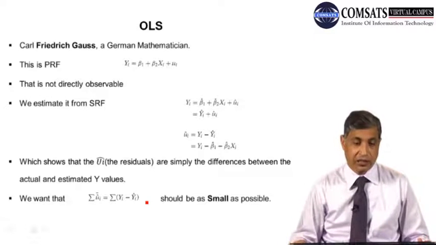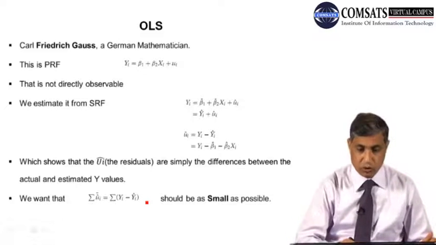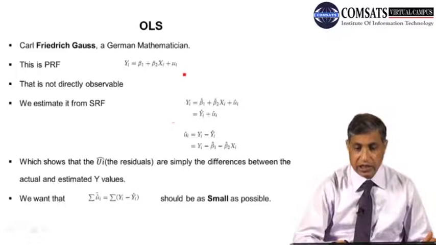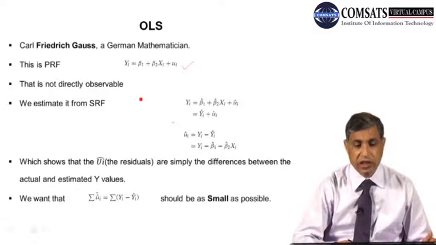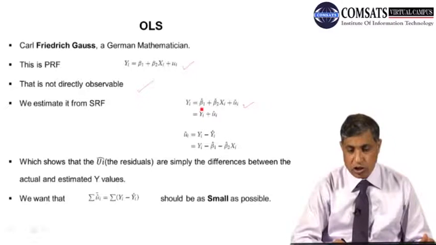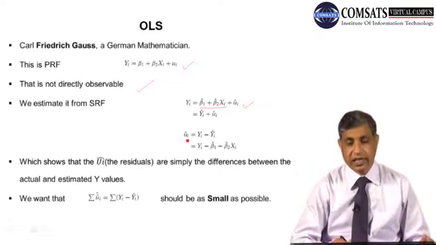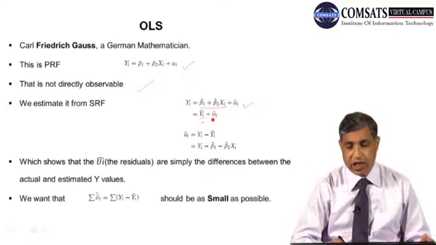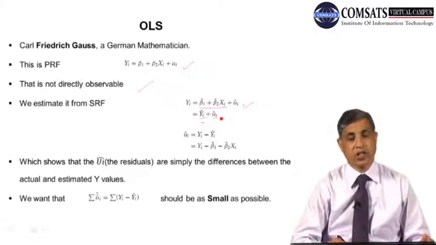For example, again I will repeat the same thing: this is the population regression function, which is not measurable, so we estimate this function. If you see here, this portion is the estimated, the explained part, and this is the unexplained.